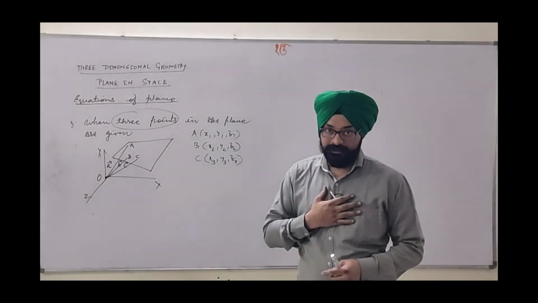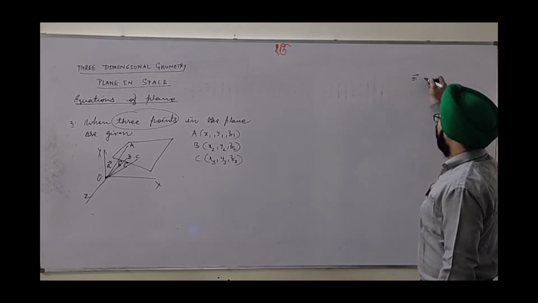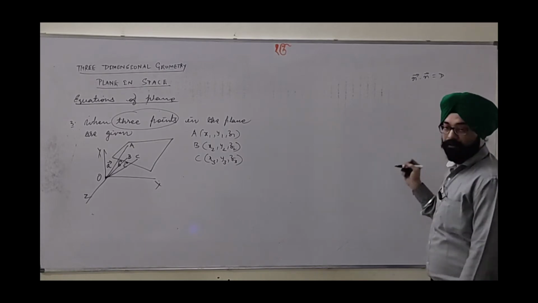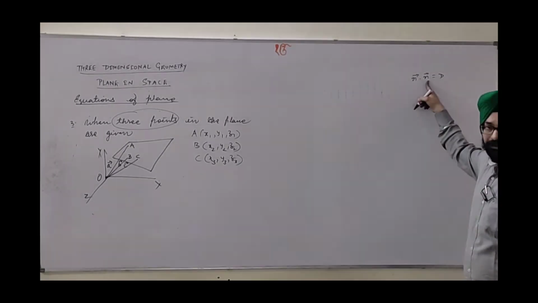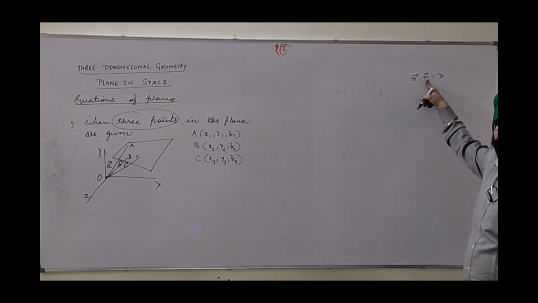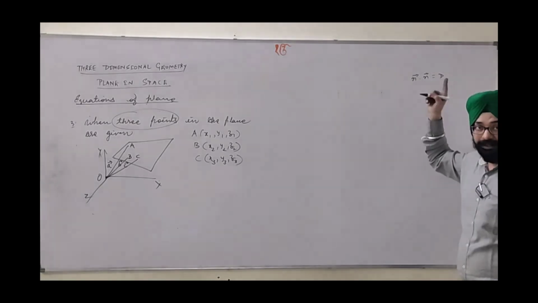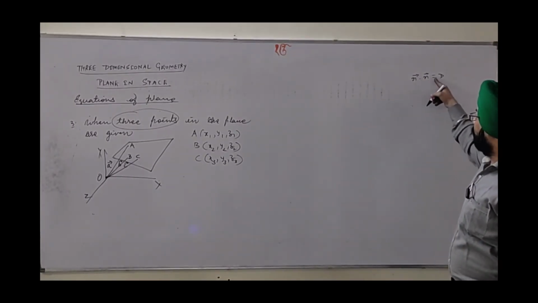Suppose I want to consider some plane as a vector, we have to express it like R dot N equal to D. Don't get confused: if I am using N here, this is not the vector of the first case. That was the unit vector N cap. It's the N vector only.